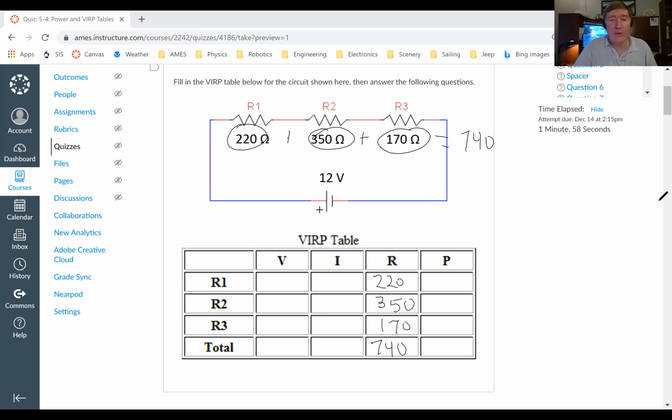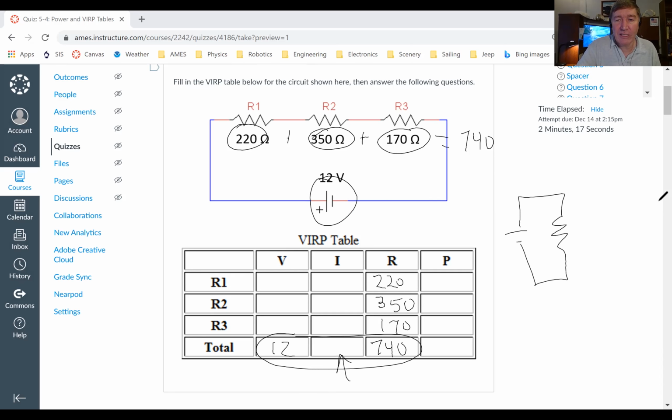Okay, so now we know what the total resistance is. And the total voltage on the battery is going to be 12. Knowing that, we can now figure out the current, because if we have a battery and only one resistor, with the resistor at 740 ohms and the battery at 12 volts, we can use Ohm's law to figure out the current.